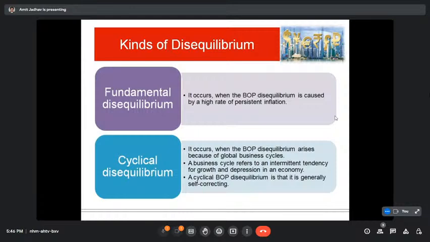Oppositely, we have depression, where prices are decreasing, employment reduces, and people are not ready to buy commodities. In such a way, an imbalance is created in the balance of payments. A cyclical BOP disequilibrium is generally self-correcting. Such a disequilibrium is known as a self-correcting disequilibrium in the balance of payments.